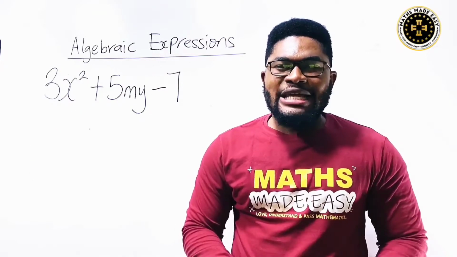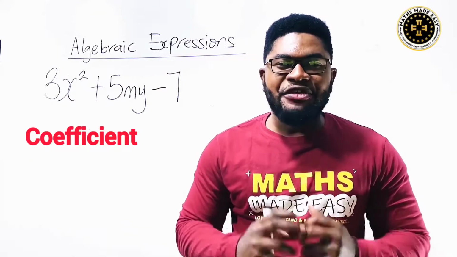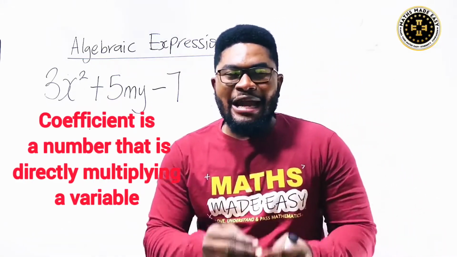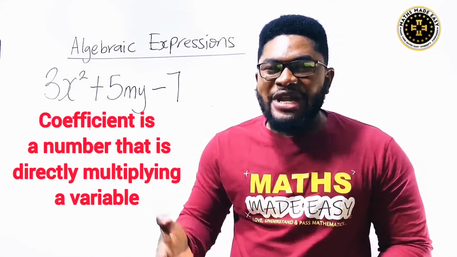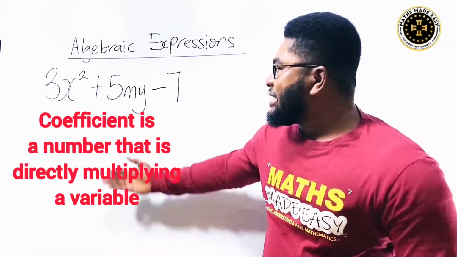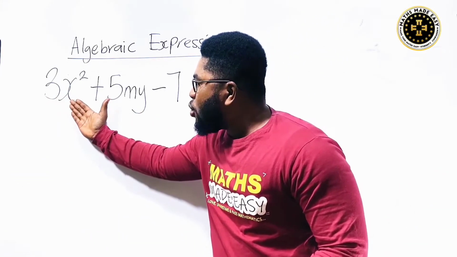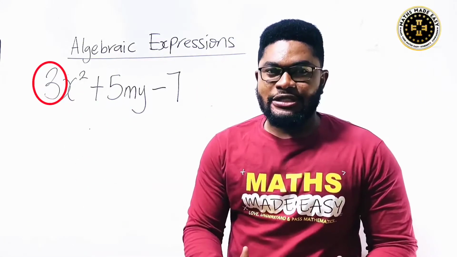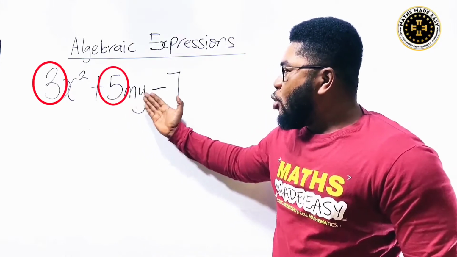Let's go to the next terminology called coefficient. A coefficient is a number that is directly multiplying a variable. When I say a number, I mean a real number. For example, 3 multiplies the variable x squared, making 3 a coefficient. Moving on to 5my.